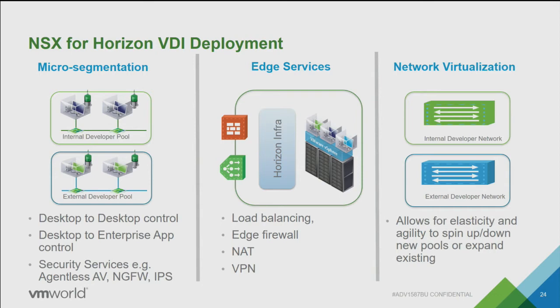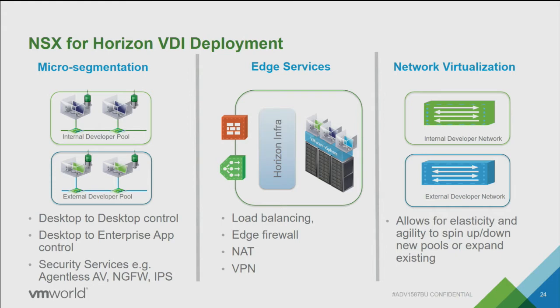NSX also provides edge services through our centralized virtualized appliance to allow stateful services such as load balancing, centralized firewall, virtual firewall, NAT, VPN. And then we also provide network virtualization capabilities. From a VDI perspective, typically our customers start with the micro-segmentation and security use case.